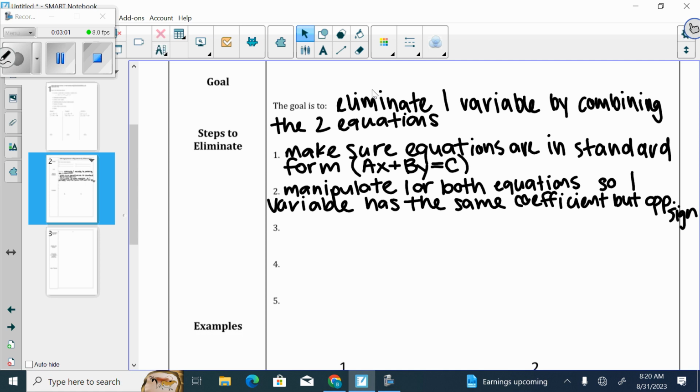So, in other words, maybe if we're trying to eliminate the x's, we might need one of those to have a coefficient of 3, and then the other one would have to have a coefficient of -3. All right, once you've made that happen, you then are going to combine your equations by adding like terms.